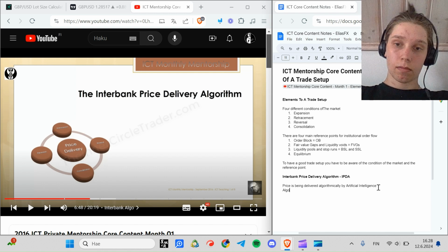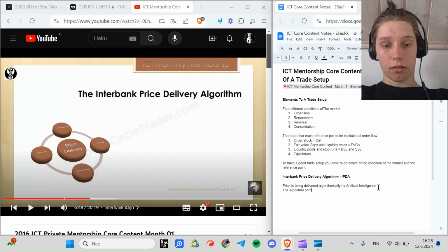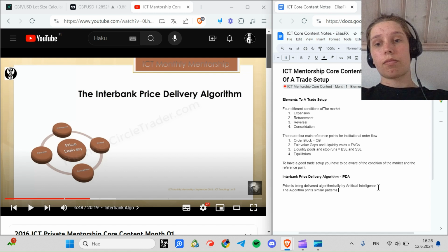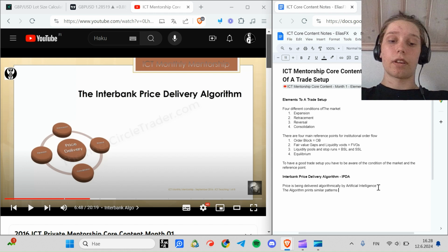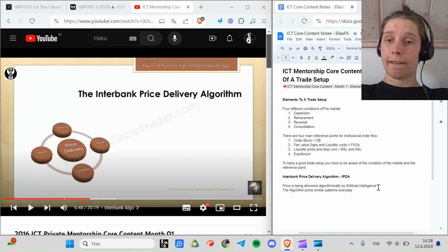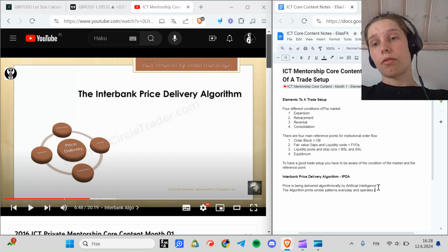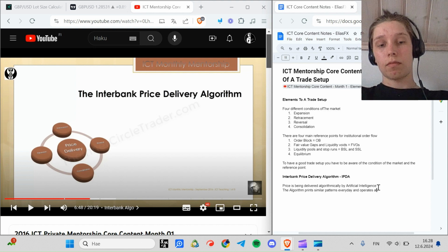So the algorithm prints similar patterns every day and operates always in the same way.